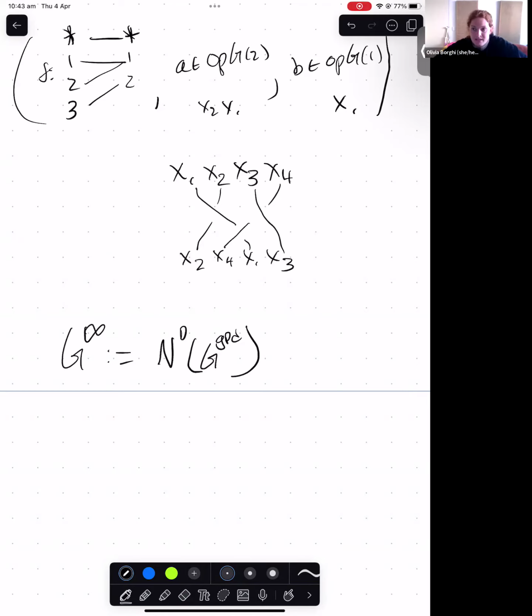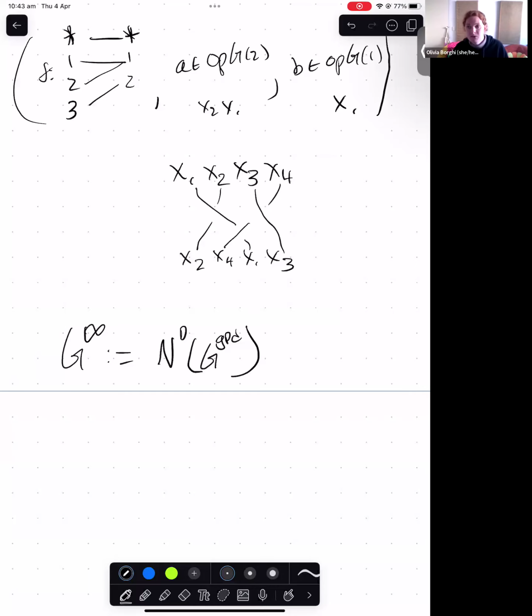Now, if you haven't seen the Duskin nerve before, it works particularly nicely in this case because this is a category enriched in groupoids. So one way we could think about it is you look at all the Hom groupoids individually, and you take the nerve of those. This will give us a simplicial category, because now the Hom sets are actually Hom simplicial sets.